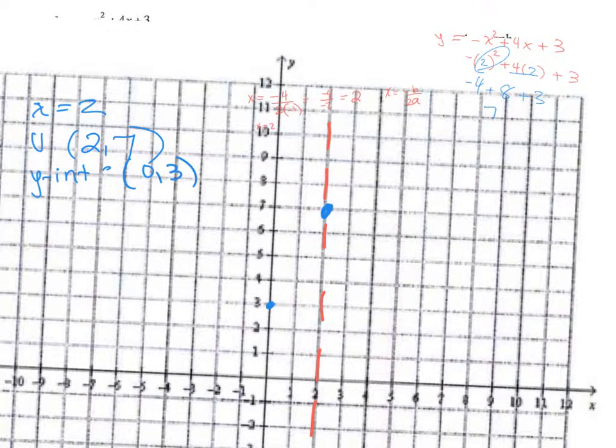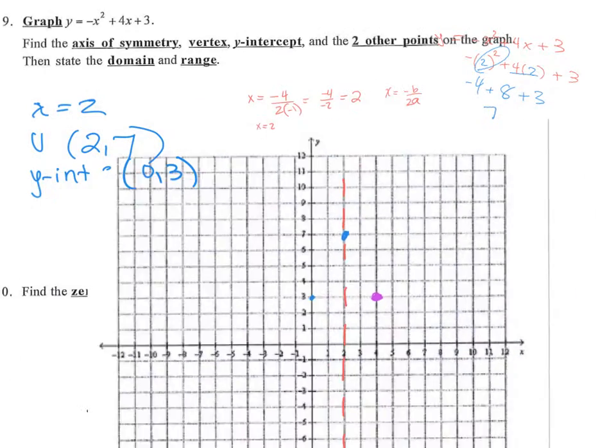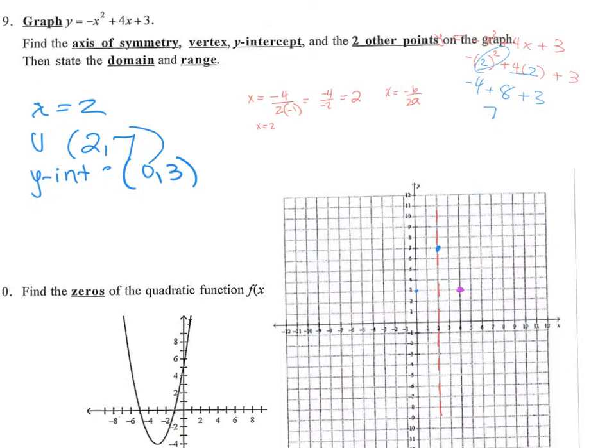So I'm going to go 1, 2 to the right. Boom, that's another point. So one of the 2 additional points that it asked me for is actually (4, 3). Right? So 2 other points. Well, 1 point is (4, 3).